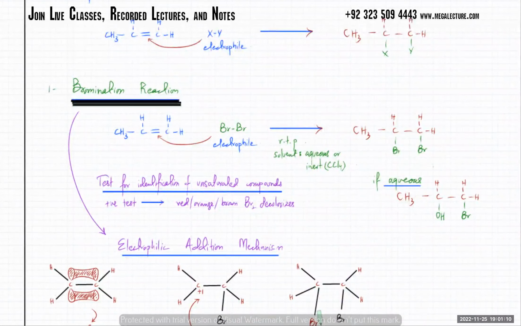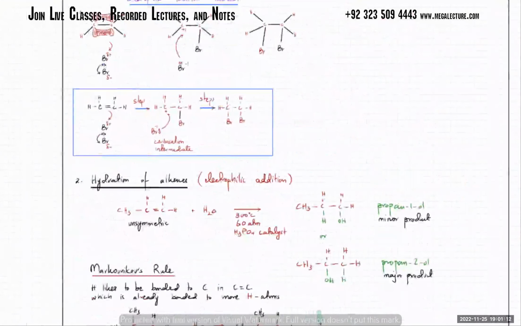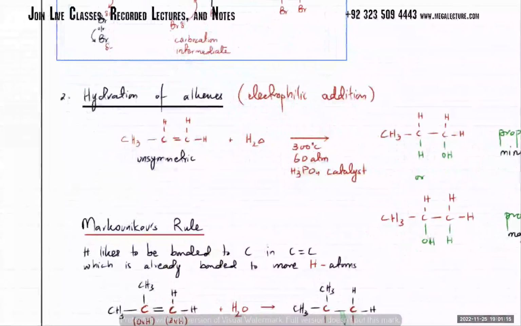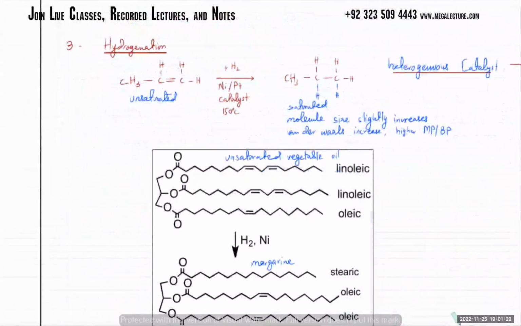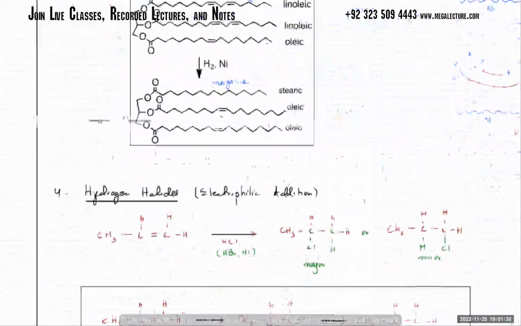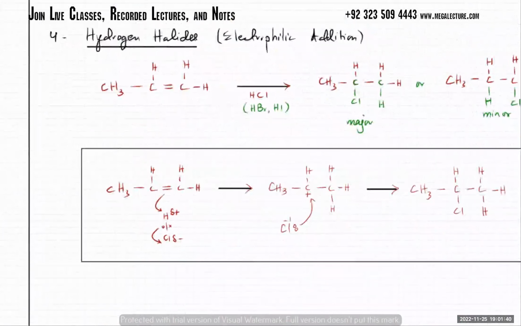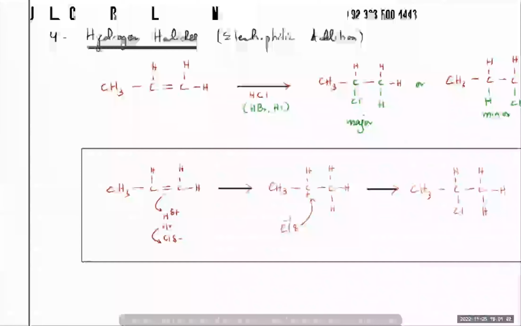We had the bromination reaction, and after that we had hydration of alkenes. And after that we did discuss Markovnikov's rule. We discussed hydrogenation. That's the third reaction. And finally at the end we did hydrogen halides. So this is clear to all of you, what is electrophilic addition?